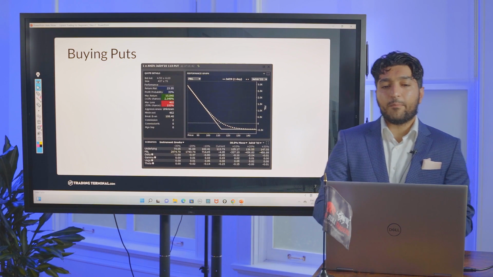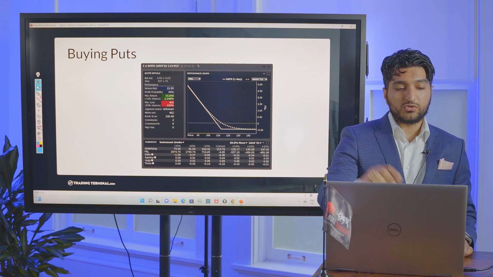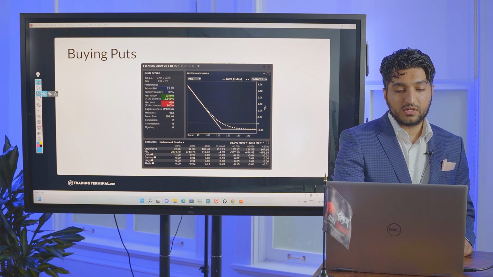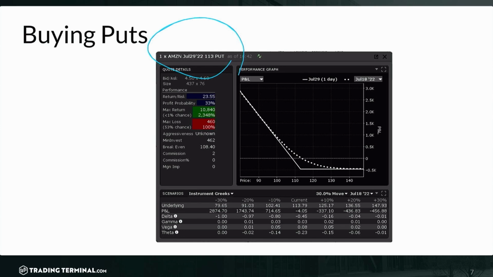You go ahead and buy one contract of $113 put for Amazon. You pay $4.60 for this contract, and as you can see, as the Amazon stock drops from $114, let's say all the way down to $90, you're making more and more and more money.